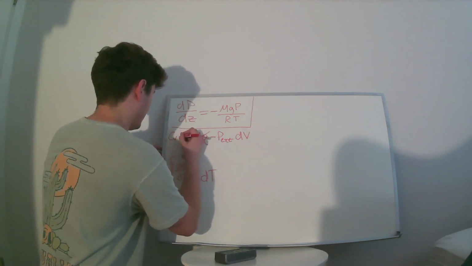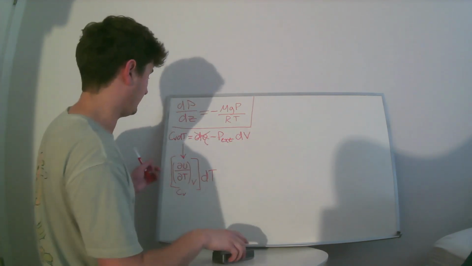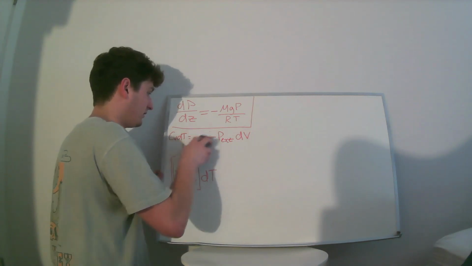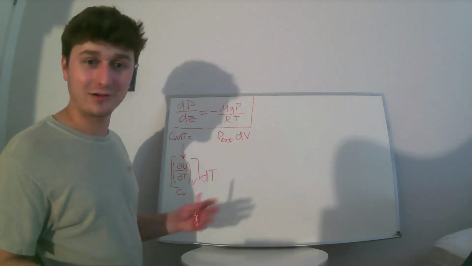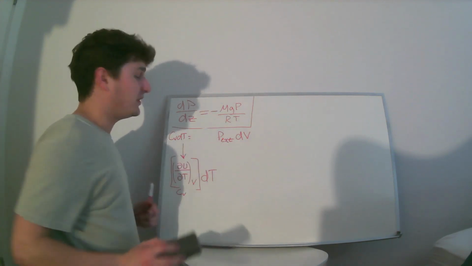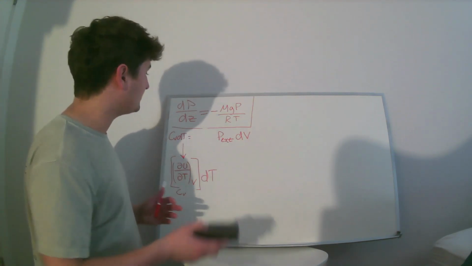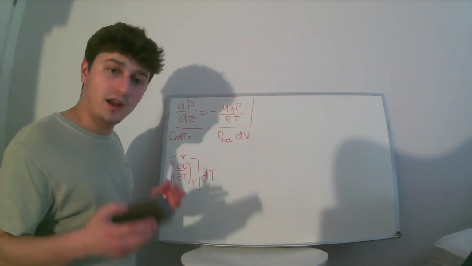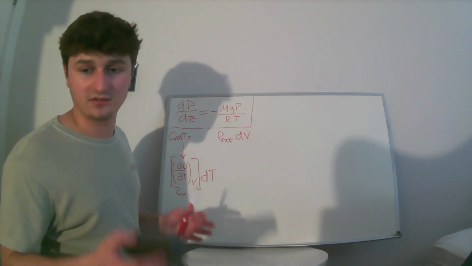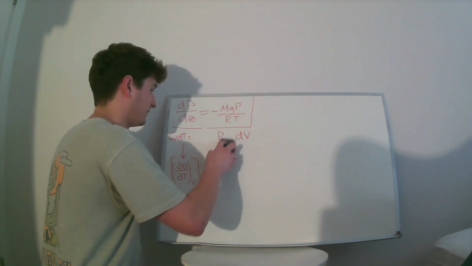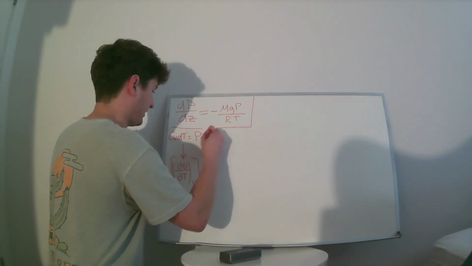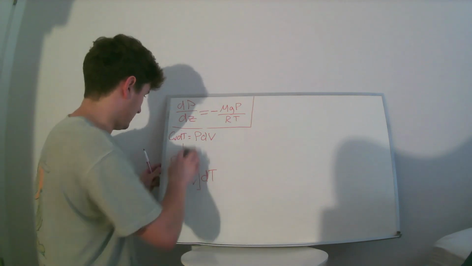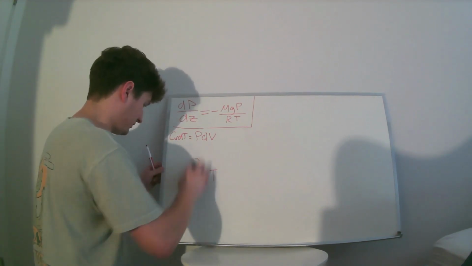So that is going to be equal to our P external. Now this was the second assumption we made. Look at that, all of our assumptions are coming into play. We know that this is a reversible expansion, meaning that the pressure inside of the system is going to be equal to the pressure outside of the system. Okay, so that becomes P. We'll just move that over. Equals pressure times the derivative of the volume.